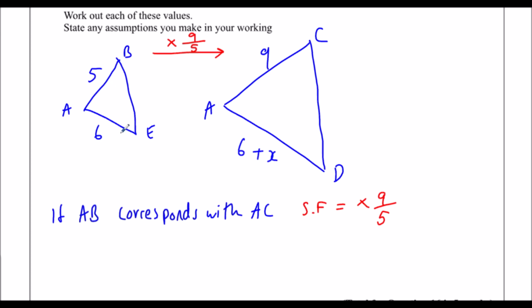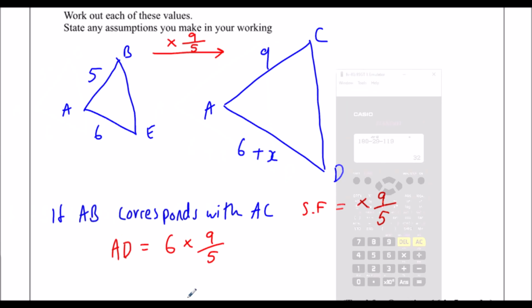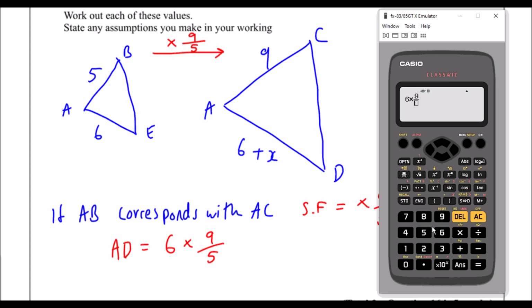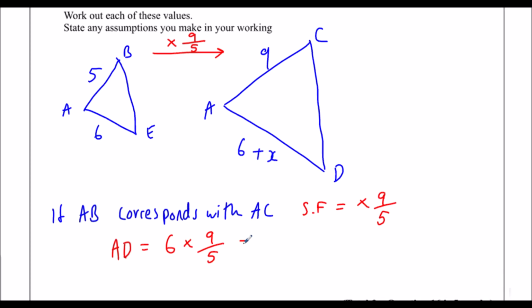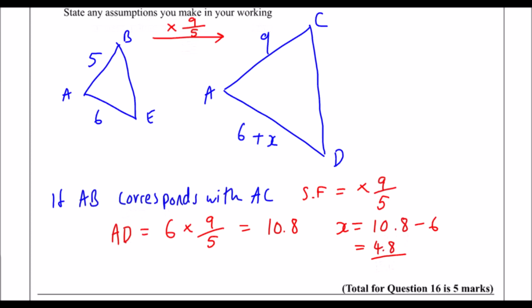So AD will be 6 times 9/5, which is 10.8, and x is 10.8, take away 6, which is 4.8. So if AB corresponds with AC, we've got that.